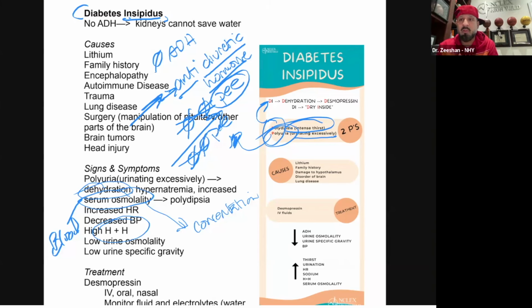So in this situation, we're peeing. Is it going to be a minimal amount? No, it's going to be a lot. Is it going to be a dark tea colored or cola colored urine specimen? No, it's actually going to be clear or close to it, because all I'm doing is peeing. Think about it. When you drink a lot of water and you have to pee it out, you're peeing out a lot.